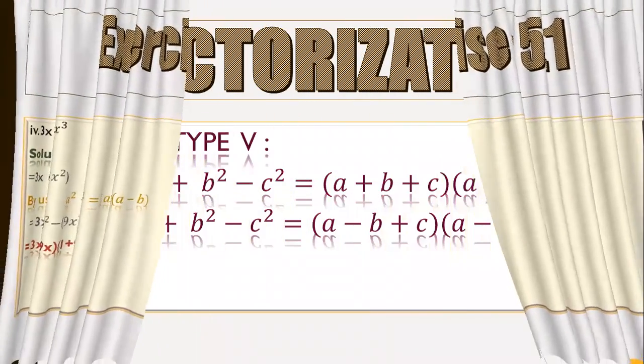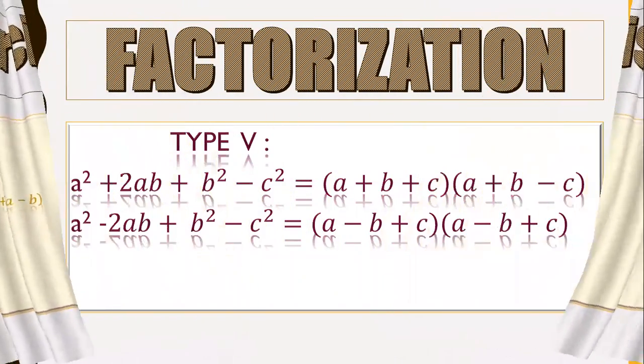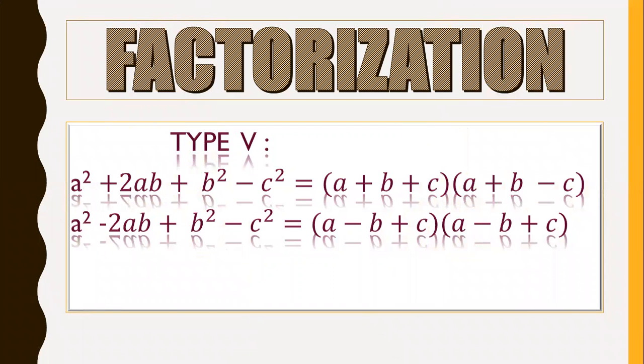In question number 5, this is the same as what we did in exercise 6.6 in class 8th, or in the midterm. Here we combine the two formulas, a plus b whole square or a minus b whole square, with a square minus b square.